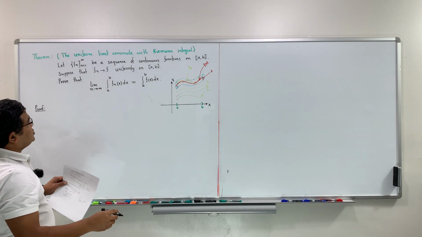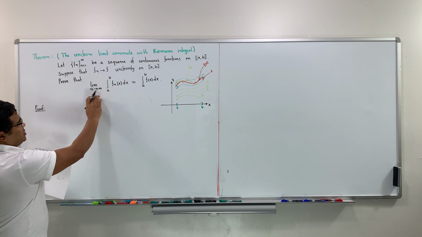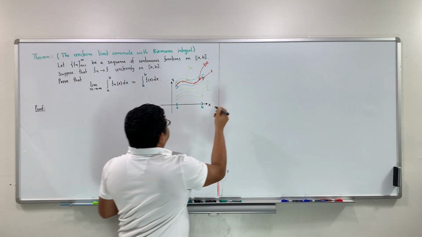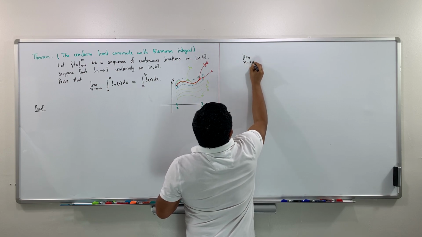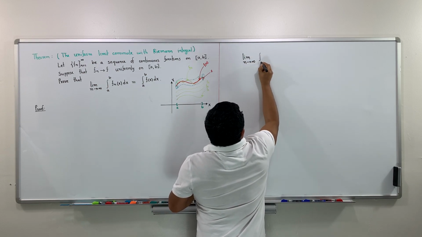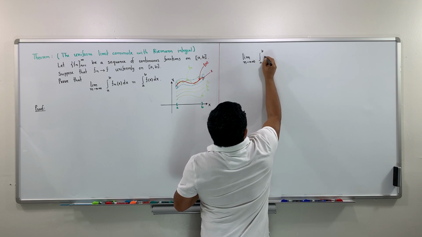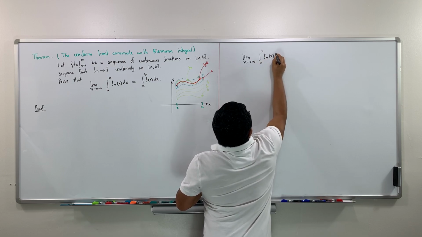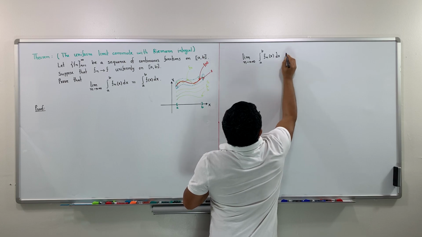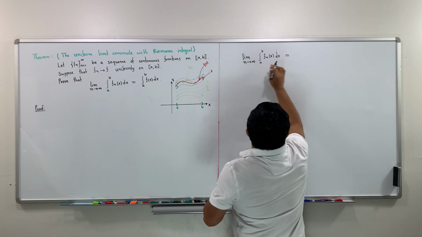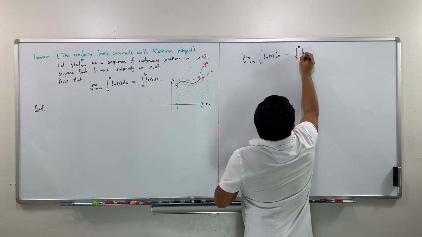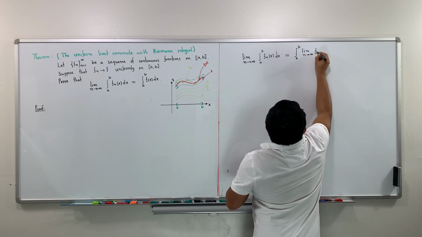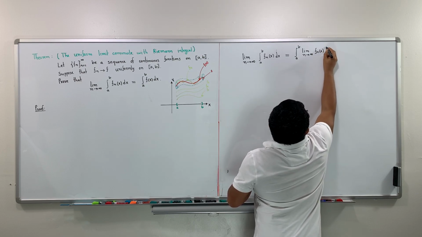Okay. So there is a line hidden here, so we can write this as the limit as n approaches infinity of the integral from a to b of f_n(x) dx. We need to prove that this equals the integral from a to b of the limit as n approaches infinity of f_n(x) dx.